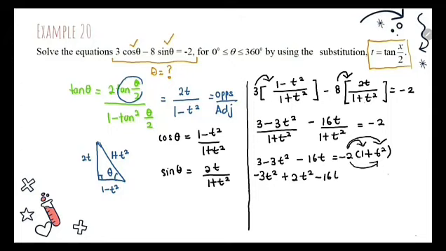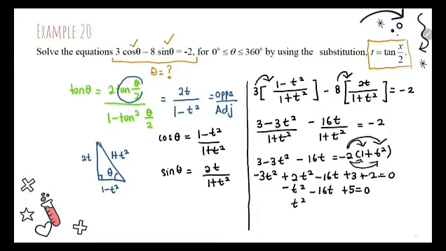Next, we're going to arrange negative 16t followed by plus 3 on the left hand side. On the right hand side, we have negative 2 multiply 1 where we will get negative 2, and if we shift this to the left hand side, it will become positive 2. Now negative 3t square plus 2t square, we will get negative t square minus 16t plus 5 equals 0.